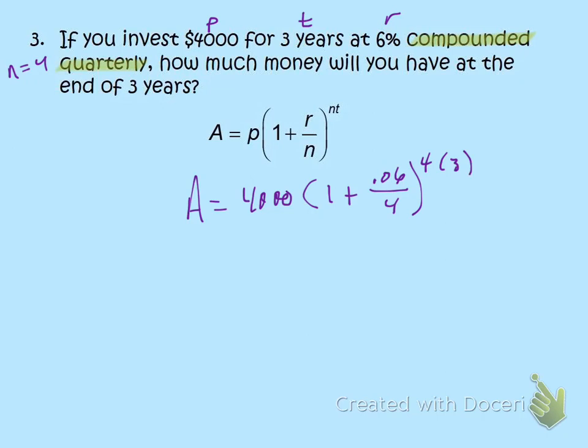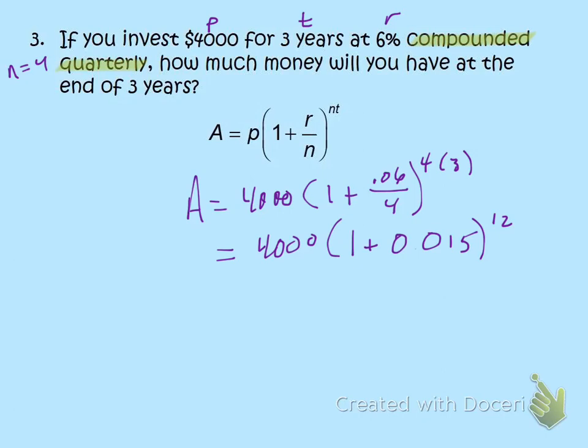And again, do some arithmetic to get whatever you want to put into your calculator to get this. You can divide the 0.06 by 4 and get 0.015, and this is 12. And so you can add the 1 to that, and that's what you're going to put into your calculator.